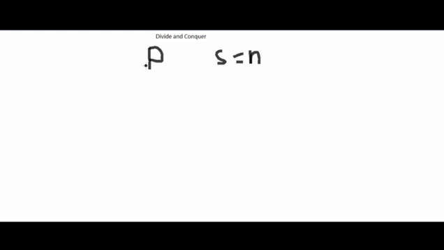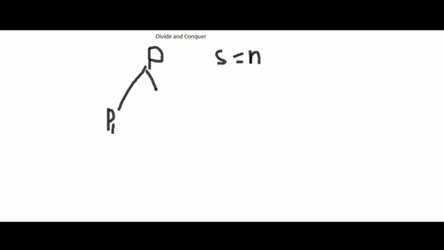You have to divide the problem. If its size is very large, you can divide it into sub problems like this. This will become P1, so now we are dividing the problem into sub problems.